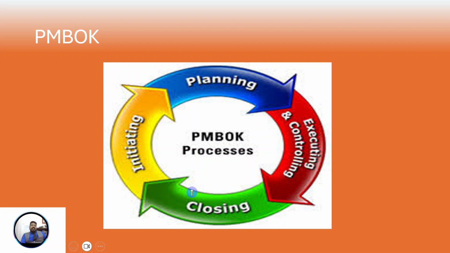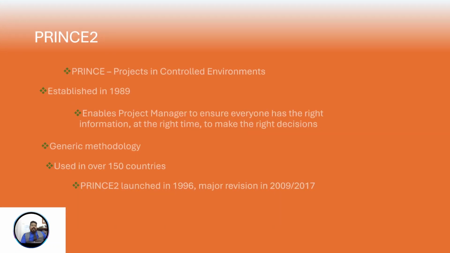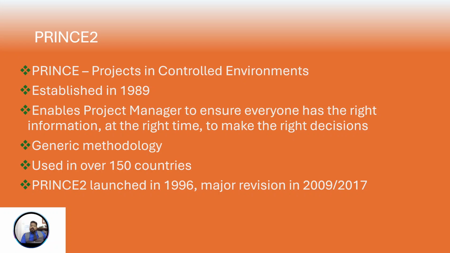We discussed this: initiating, planning, execution, monitoring and controlling, and closure. And this is the life cycle which is given by PMBOK. PRINCE2 is one of the other standards, much like PMI USA.